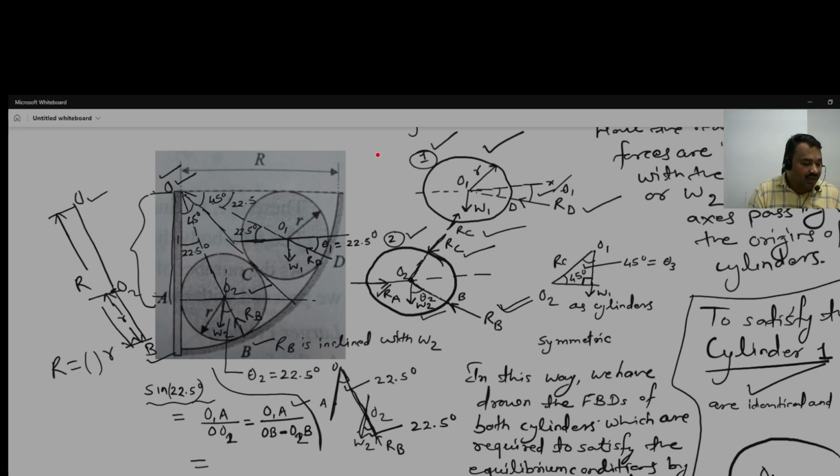So in this way we are getting r divided by capital R minus r.